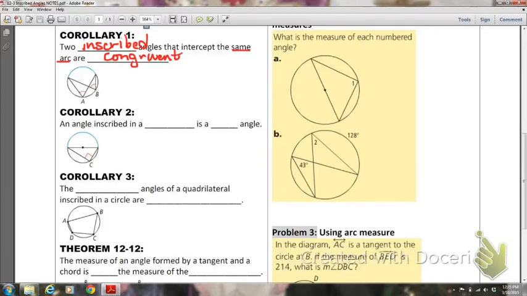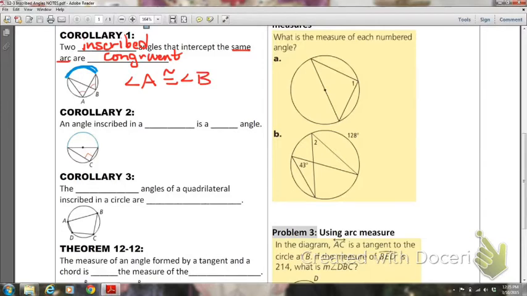Here in this diagram, the measure of angle A is half of its intercepted arc, and the measure of angle B is half of its intercepted arc. Well, they're both intercepting the same arc, so they have to be congruent. So angle A has got to be congruent to angle B.